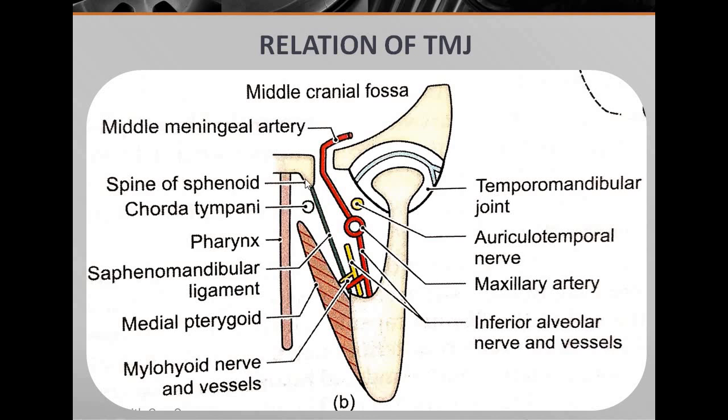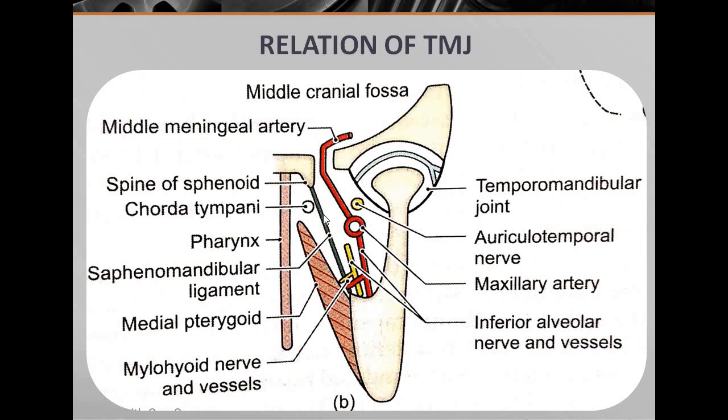It is one of the accessory ligaments, extending from the spine of the sphenoid to the lingula of the mandibular foramen. It is a remnant of the dorsal part of Meckel's cartilage. So remember this.